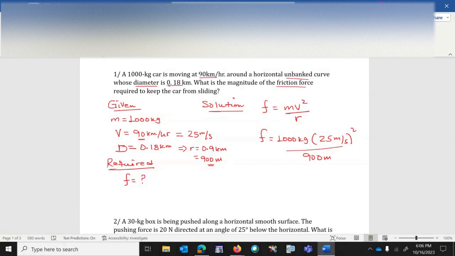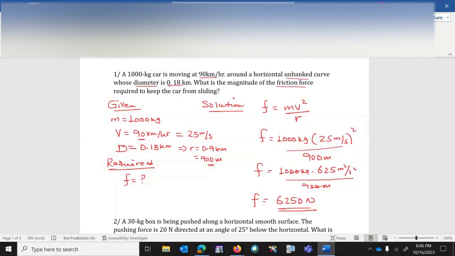If you calculate a little bit, this is 1000 kilograms times 25 times 25, which is 625 meters squared per second squared, over 900 meters. If you use the calculator, this is about 6250 newtons. Use your calculator and check it. You can simplify the zeros and then multiply and divide by 9, and you will get 6250 newtons of force.